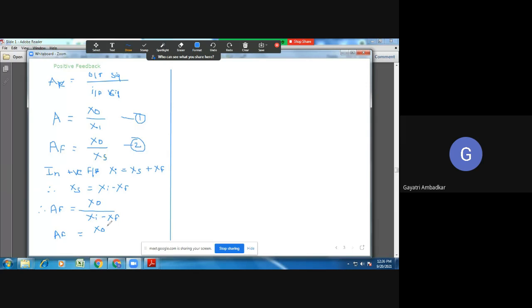XO, XI, and these two terms also I divide by XI, so that it is scaled by the same and will not be changed.